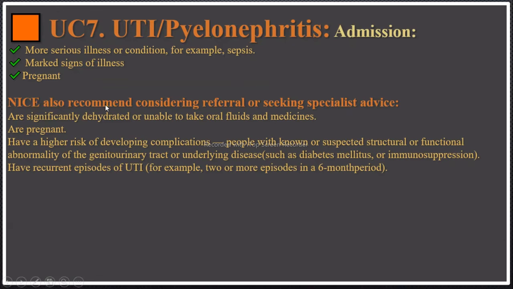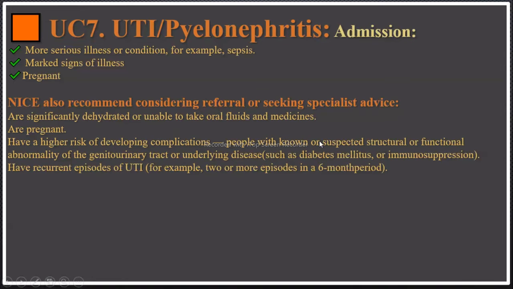NICE also recommend considering referral or seeking specialist advice for those who are significantly dehydrated, unable to take oral fluids and medicines, pregnant, or at higher risk of developing complications. Who are at high risk for complication?